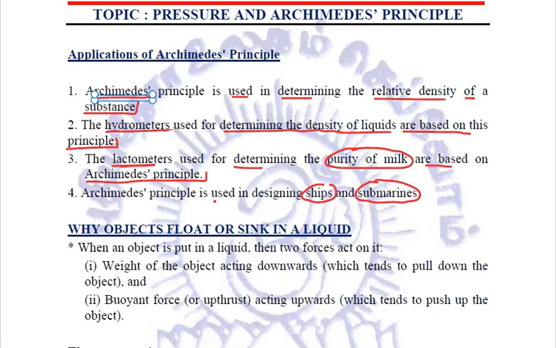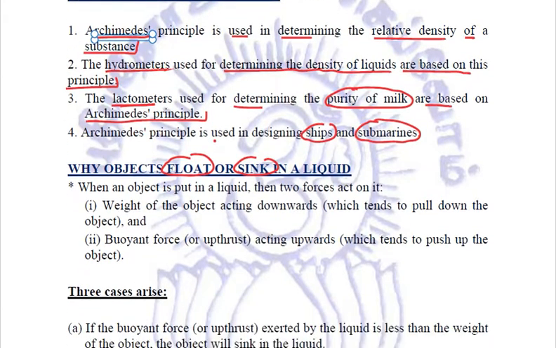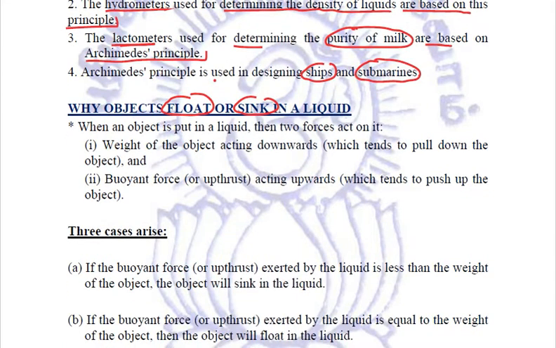Now we have observed that when we put a substance in a liquid, certain substances or objects float in the liquid while some others sink in the liquid. Why is it so? Let us try to relate the reasons for it. Now when an object is put in a liquid, there are two forces which are acting on it.